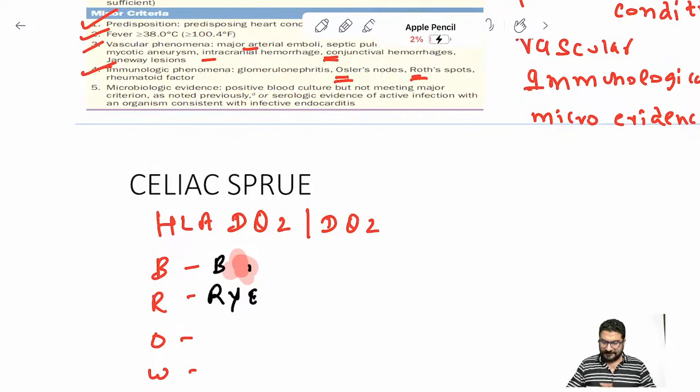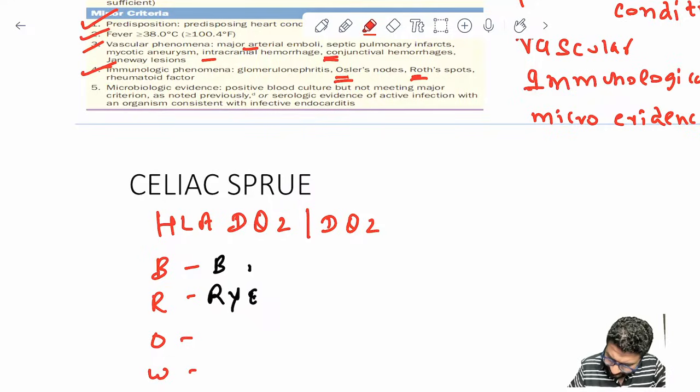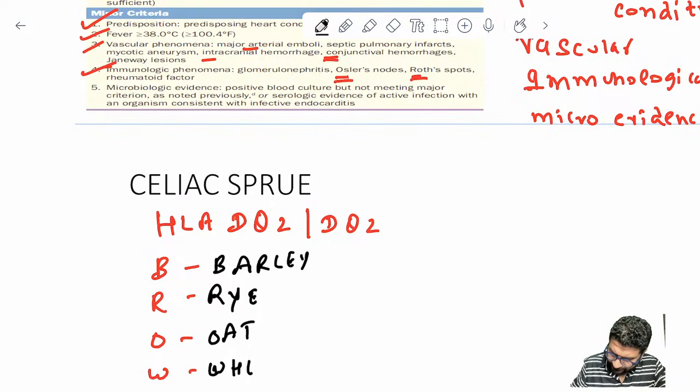Okay, now tell me about celiac sprue. How you'll make a diagnosis? आप diagnose कैसे बनाओगे celiac का? What is the investigation of choice? So remember, investigation of choice will be small intestinal biopsy.